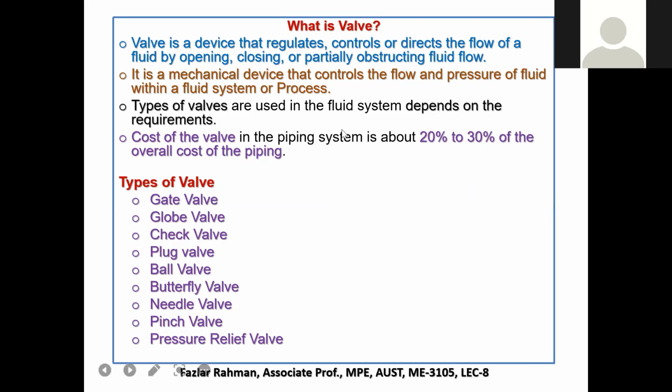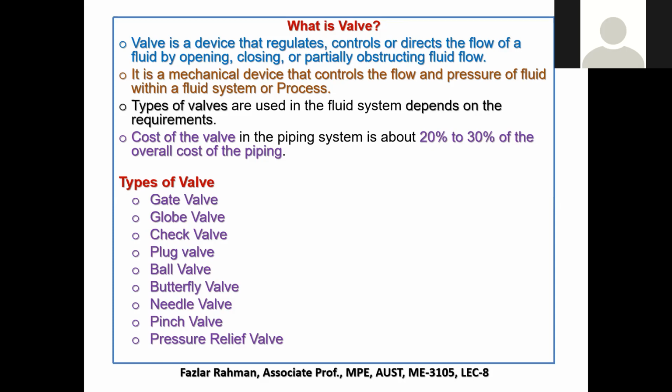So the type of valve used in the fluid system depends on the requirement and also what type of fluid, what type of controlling you want. Okay, still you see some valves leaking water. Even if you buy a new water tap from the market, plastic or steel, if they are not good, sometimes you might see they are still leaking water drop by drop.